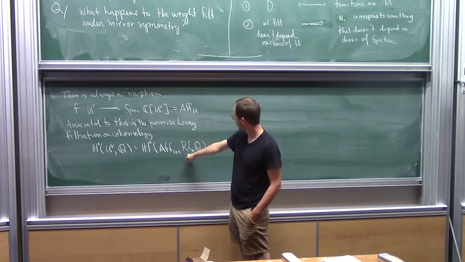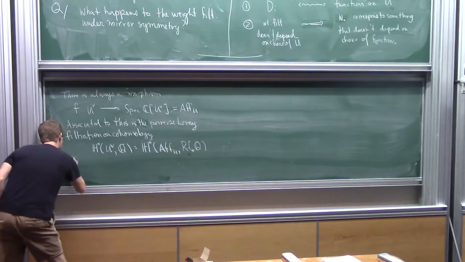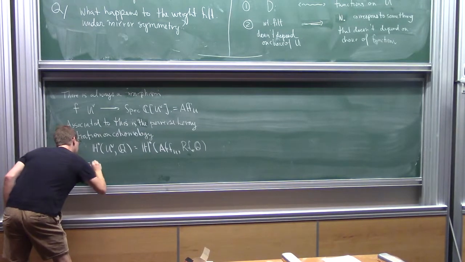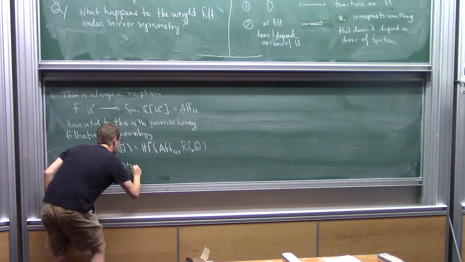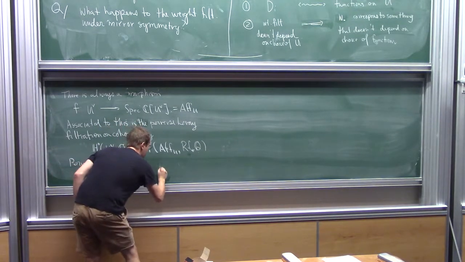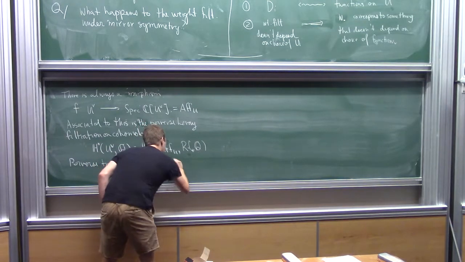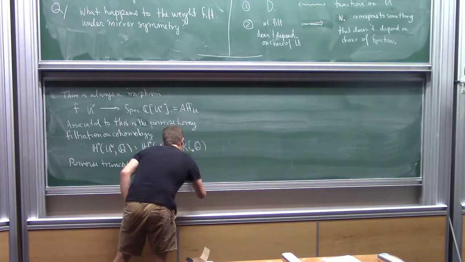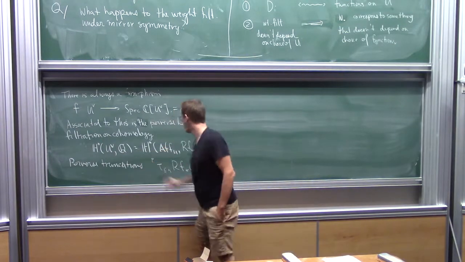So this is a complex of constructible sheaves, and the perverse truncations, which I'll call tau, induce a filtration on H star of U check.